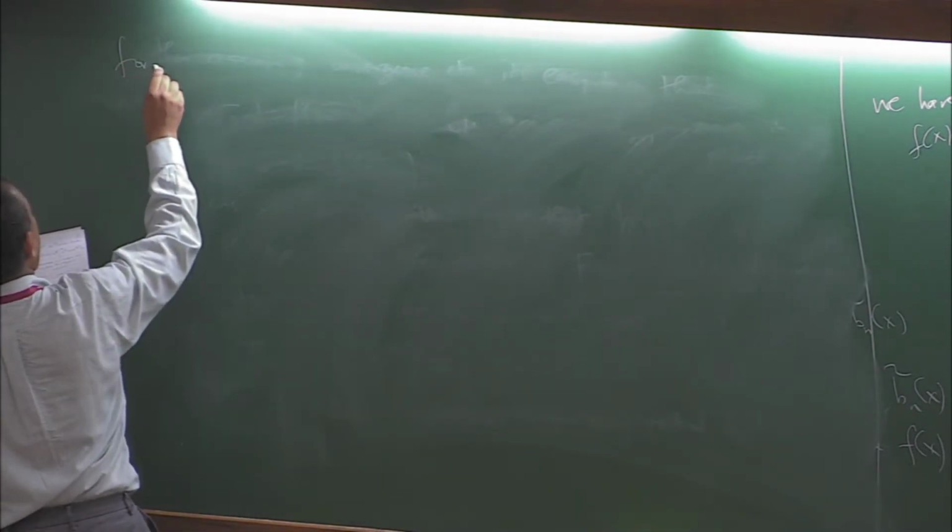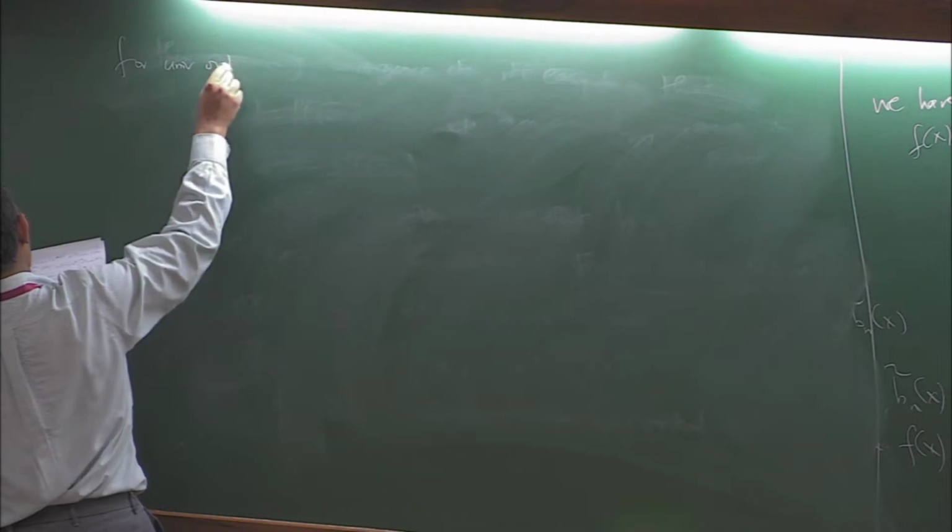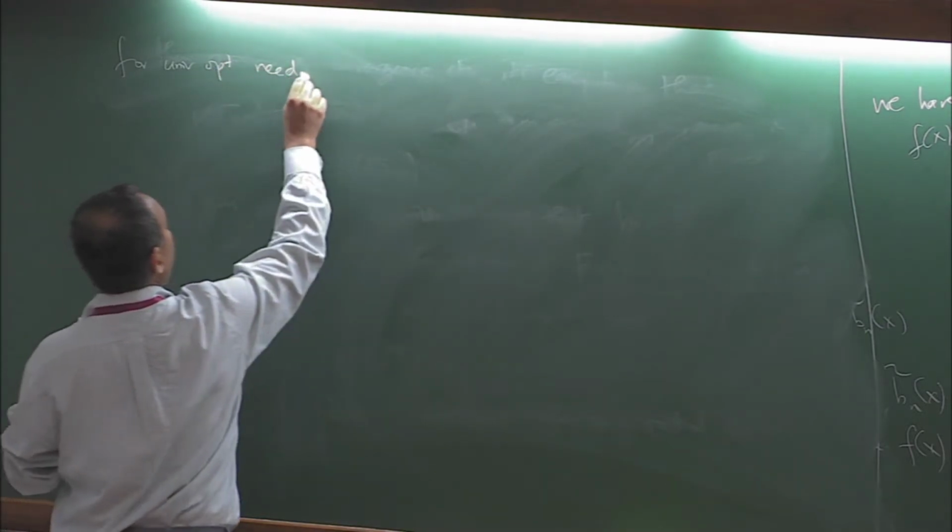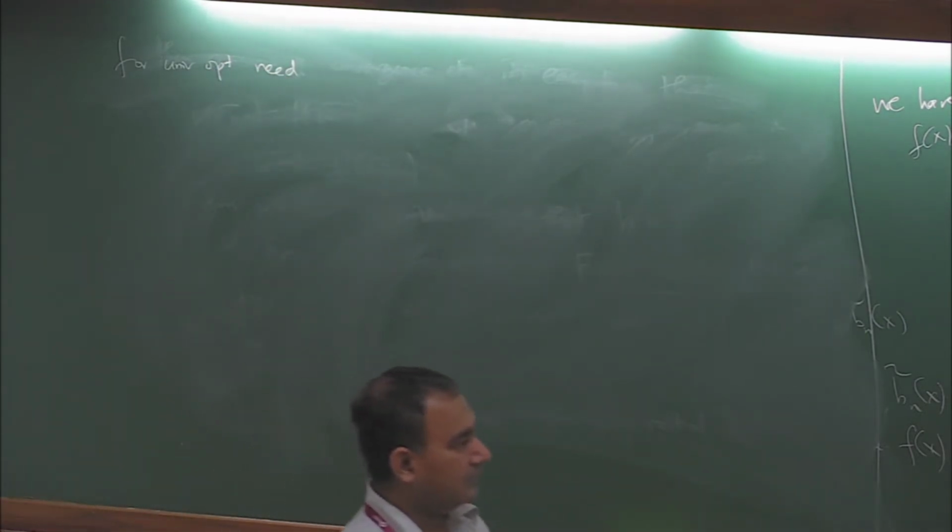For universal optimality, this is the whole Gaussian, it has to be this thing. On the other hand, the auxiliary function, while we're here, let me say what it looks like.